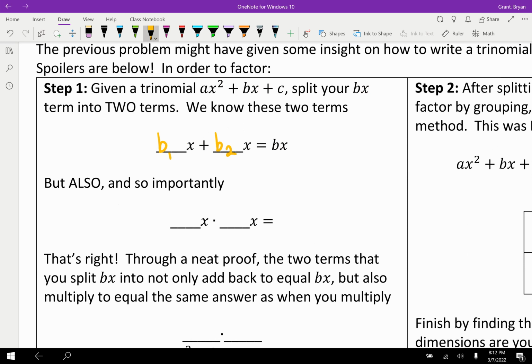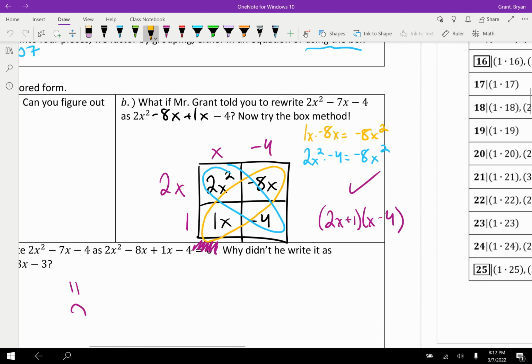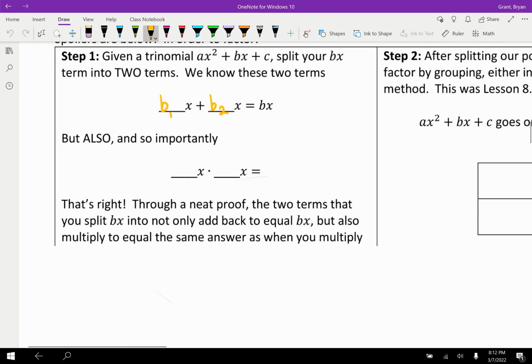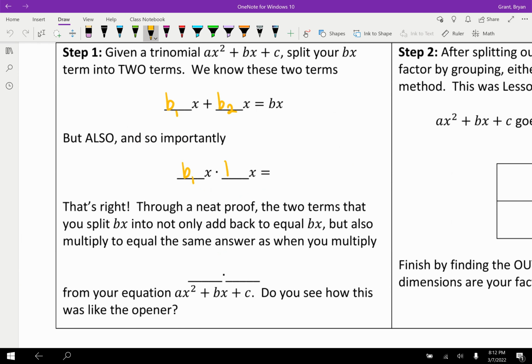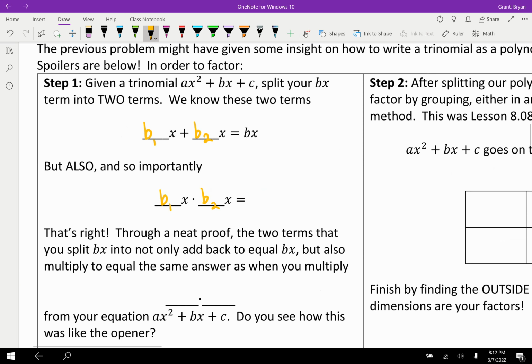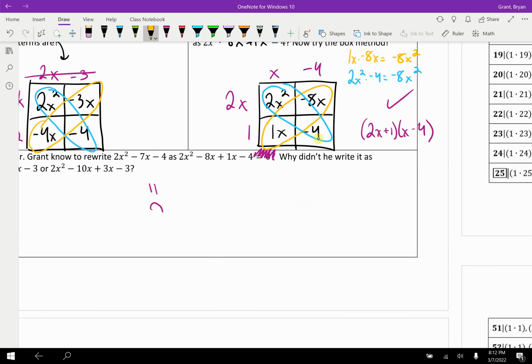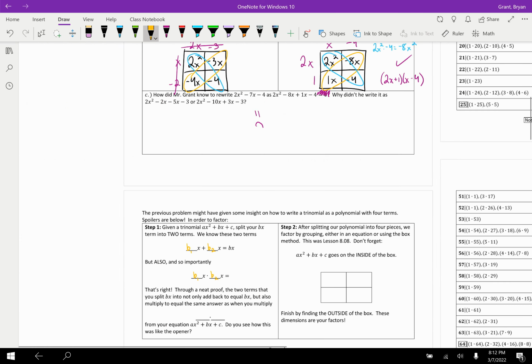But here's the really important part. If you take those same 2 numbers, the 2 numbers that I circled in yellow up here, and you multiply them, they are going to equal the multiplication of the other diagonal.